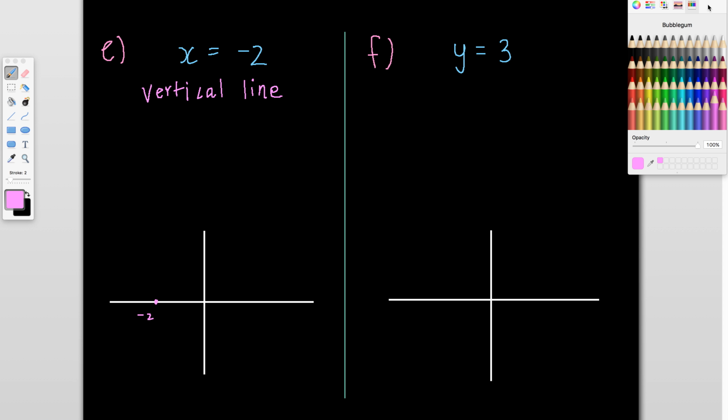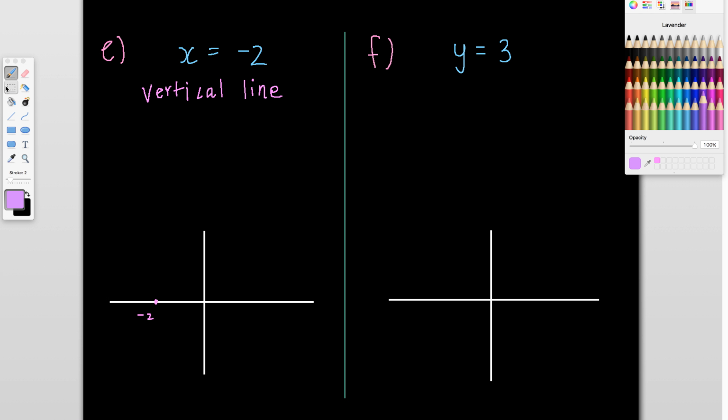And so I'm going to get my line, make sure that it's vertical. You can try and get it more accurately through the line. There we go. Now what you can do is select any other point that's going to be on that line.